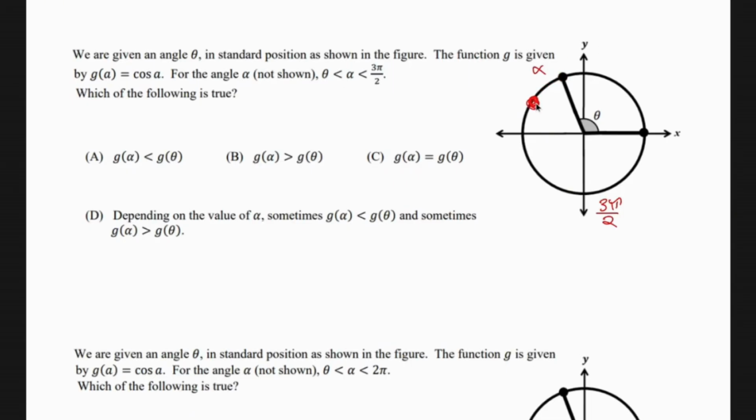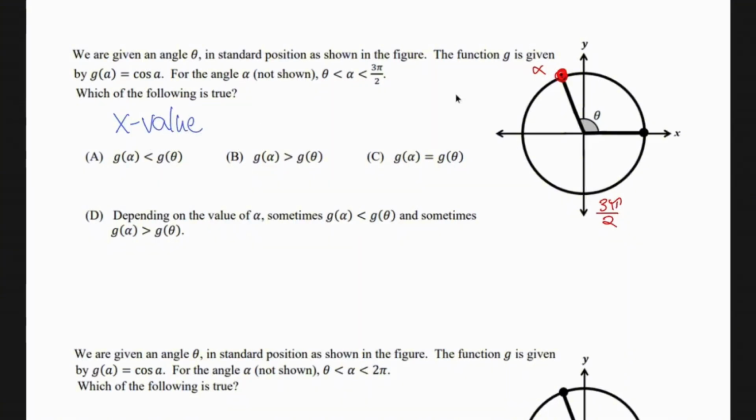It could be here, it could be here, any of those possibilities. Which of the following is true? So I need to compare g of alpha and g of theta. Well, the g function is a cosine function, which means the x value.